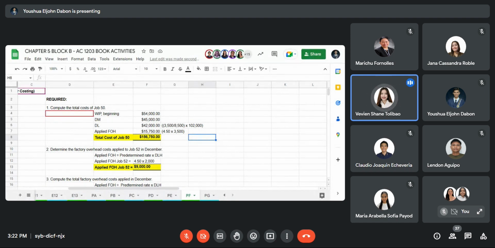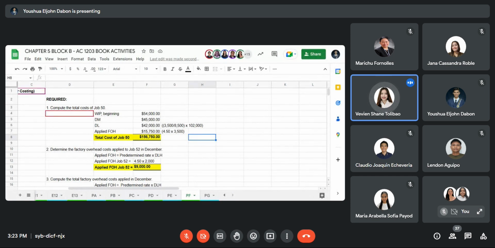And for the applied factory overhead, you just multiply the predetermined factory overhead rate, which is 4.50 in the given, and then multiply it by 3,500, which is the direct labor hours for job 50, and you will get 15,750. And then you add everything up, you will get $156,750, which is the total cost of job 50.